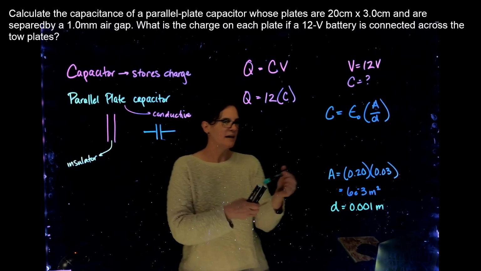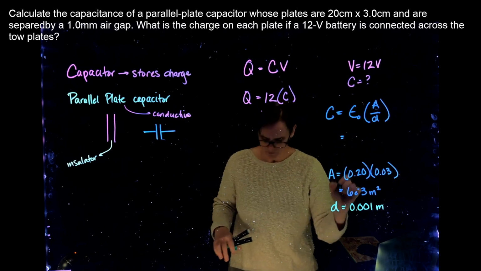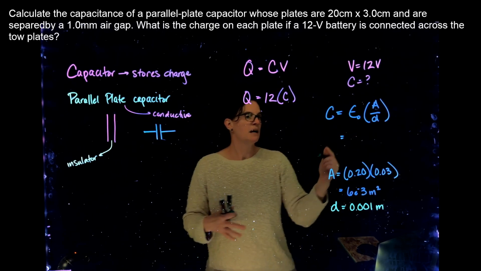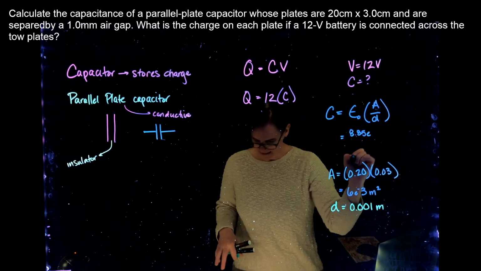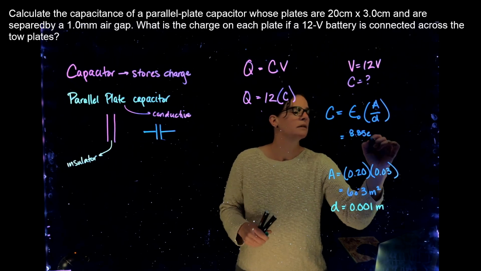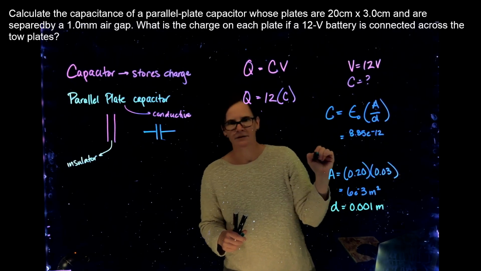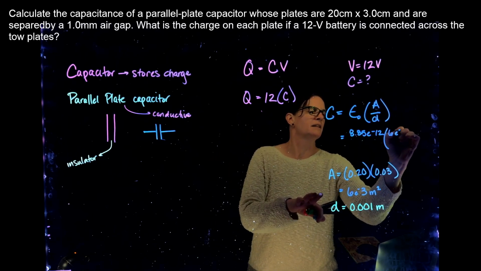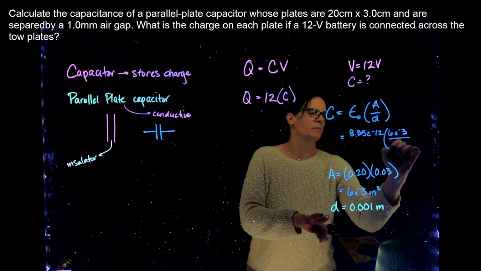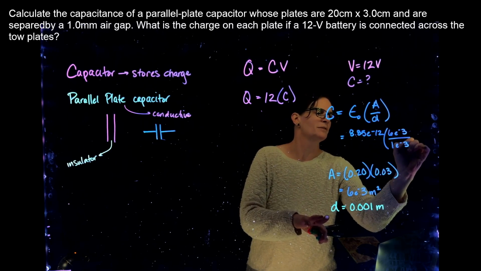So we're going to use that in our equation. Epsilon naught is a constant, which is 8.85 times 10 to the minus 12. You do not have to memorize those. Then 6 times 10 to the minus 3 divided by 1 times 10 to the minus 3.